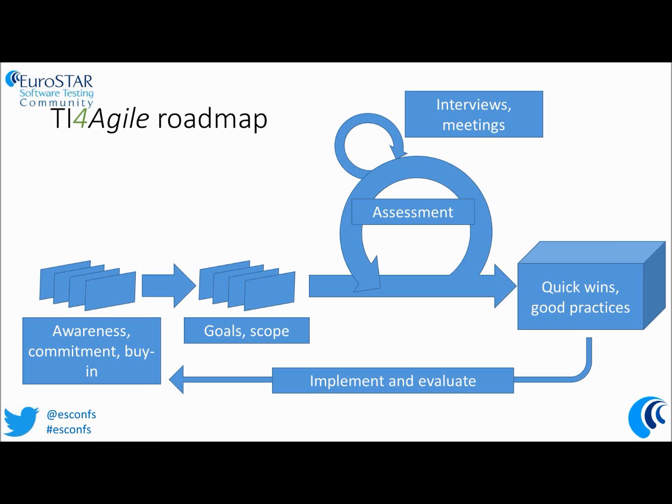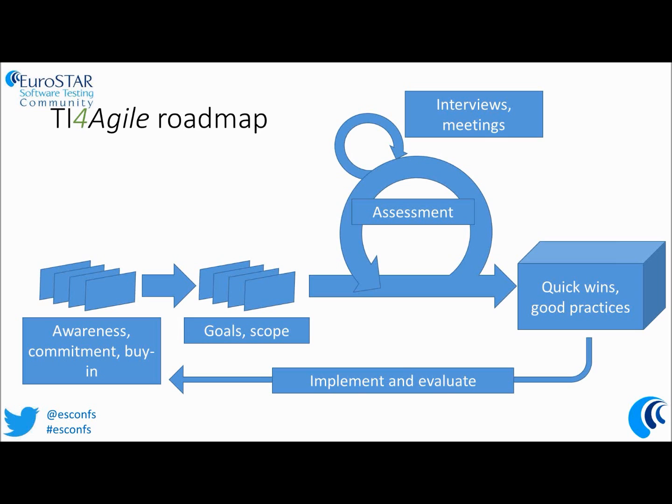They need to see that it's necessary to improve their testing, and then they can set goals and set a scope. So we're talking about development testing, or we're talking about broader testing, or we're talking about agile testing, so the scope needs to be clear, and if we have a scope and we have awareness and commitment, then we can set our own goals.